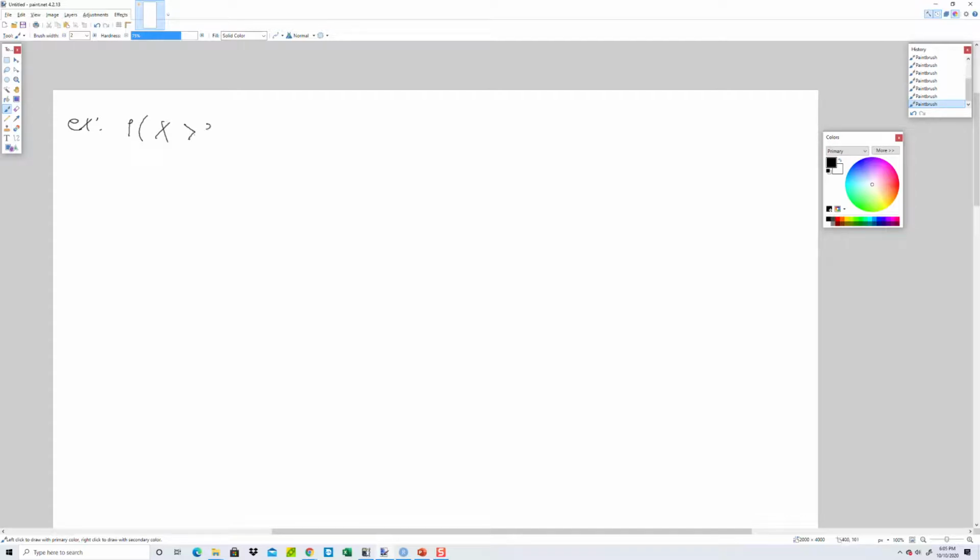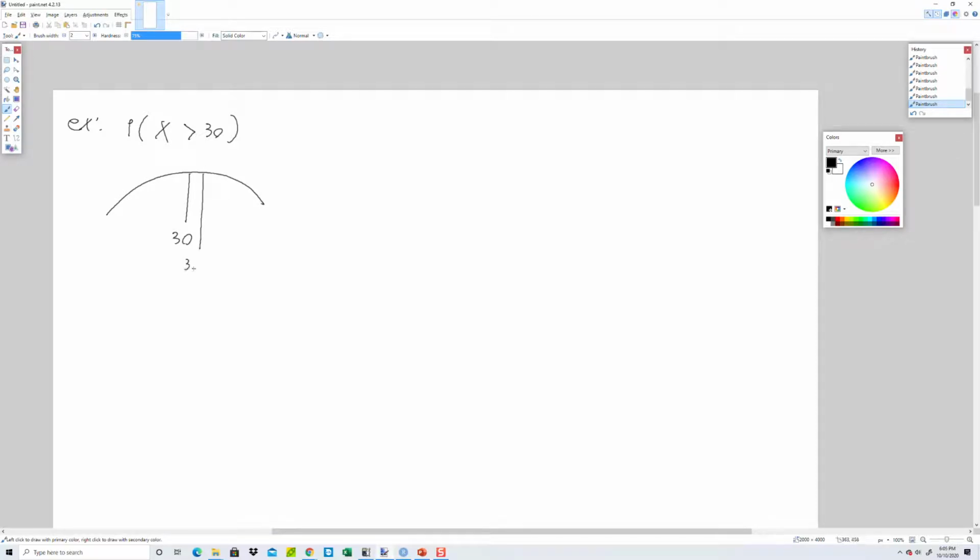X is greater than 30. Well, I have to think about what this means. You have to ask yourself if that includes 30. It doesn't. Greater than means greater than 30. Since the wording doesn't include 30, my shading cannot include 30.